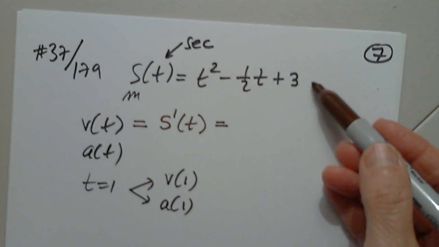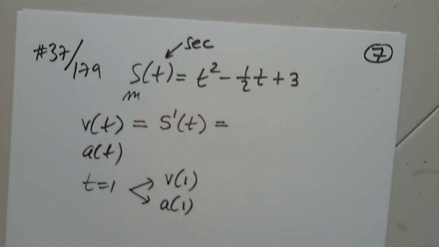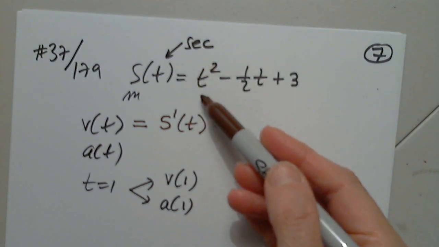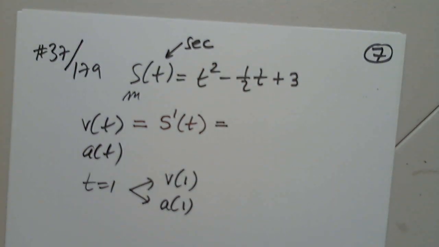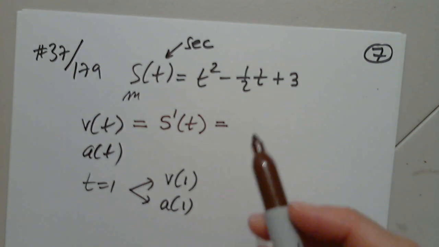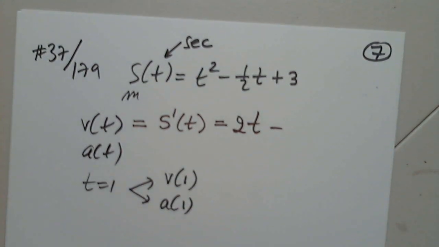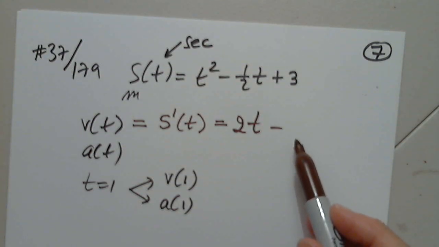Anyone, please? I know everyone knows how to differentiate this. Anyone I haven't heard from today, please. 2t minus 1/2.